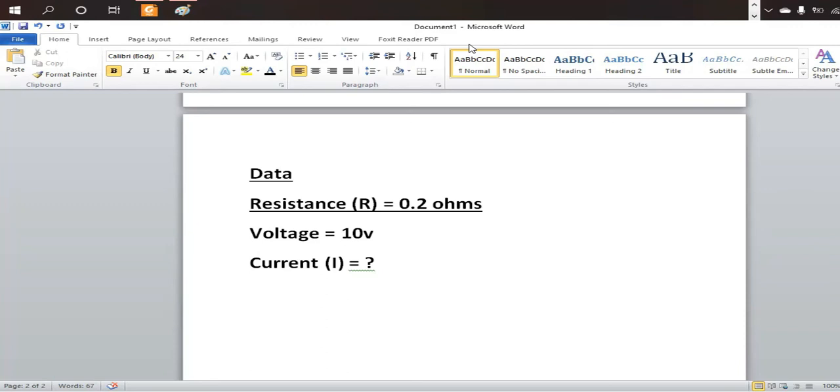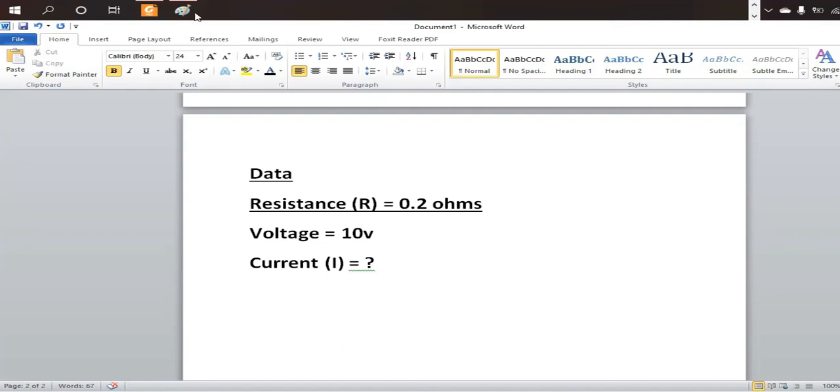Okay, sorry for that. Let's continue. So we have the resistance, R, at 0.2 ohms, the voltage 10 volts, and the current is the question mark.